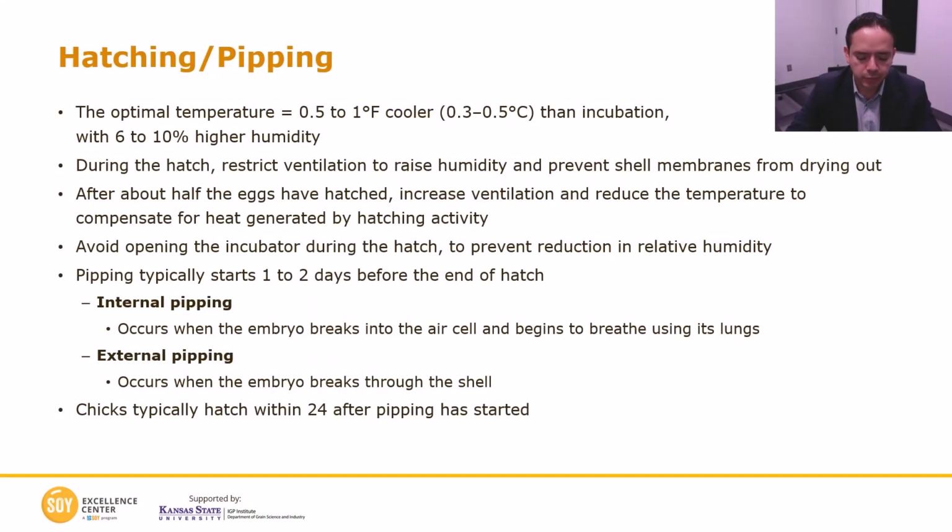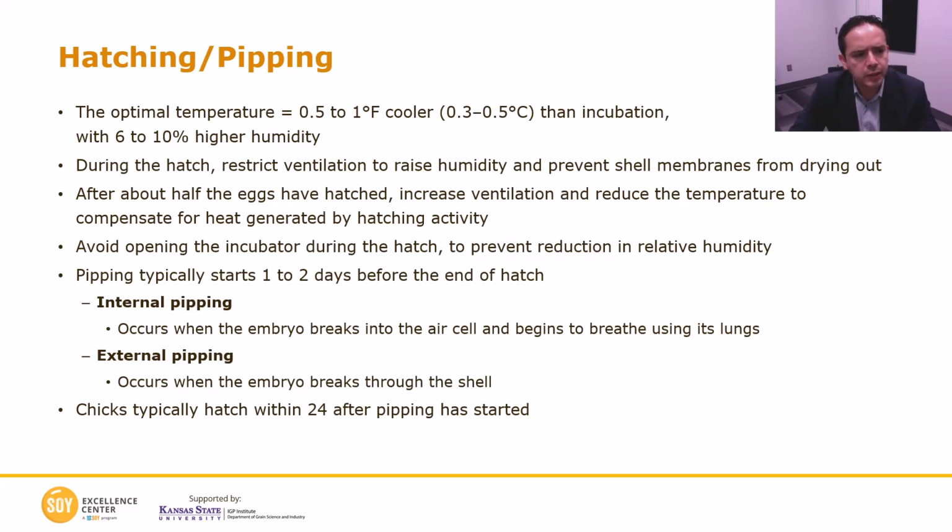So moving on, after transfer to the hatchers, the optimal temperature will be 0.5 to 1 Fahrenheit colder, or in Celsius from 0.3 to 0.5 colder than the temperature in the incubators, with a relative humidity around 10% higher.